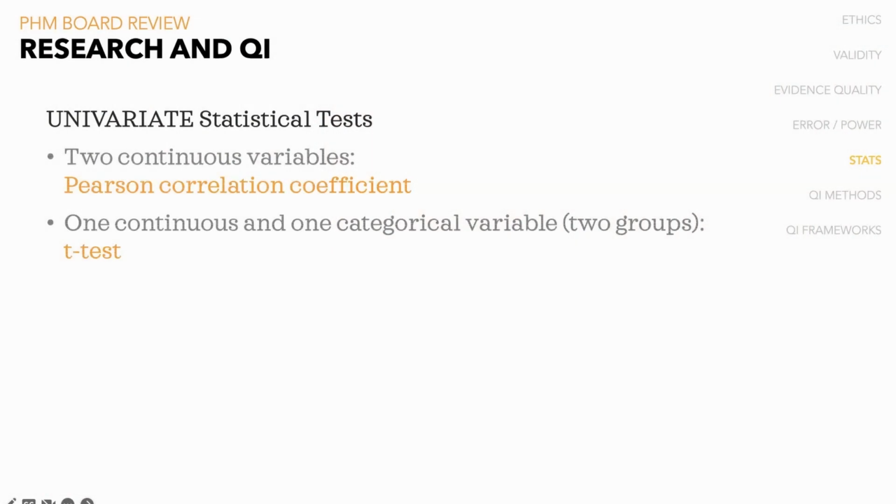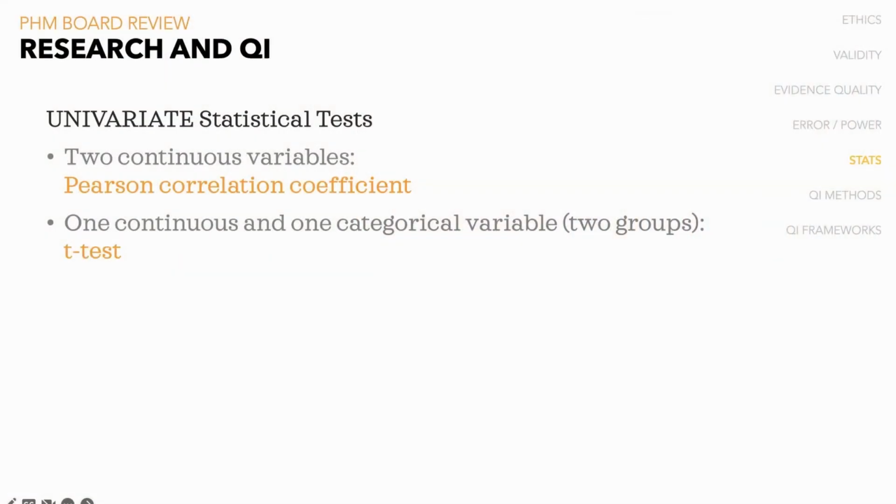In contrast, if you had one continuous variable and one categorical variable that only had two possible values, we would then use the t-test. So that would be, for example, length of stay compared to whether or not the patient ever received albuterol. So albuterol, yes, no, does that impact length of stay? Then we would use our t-test.